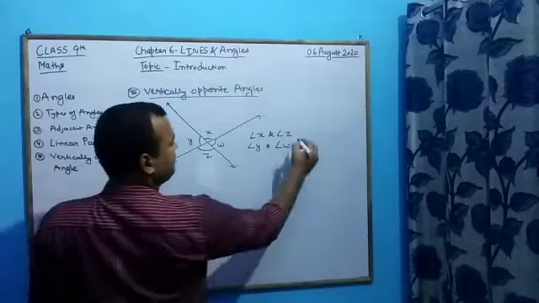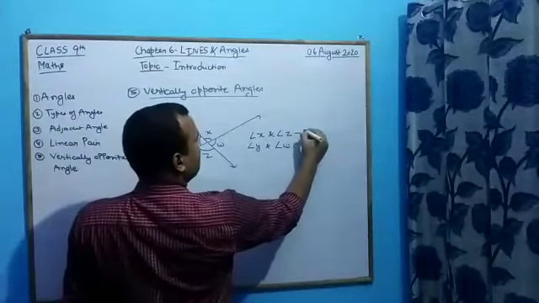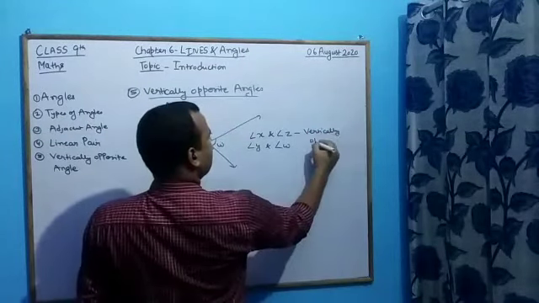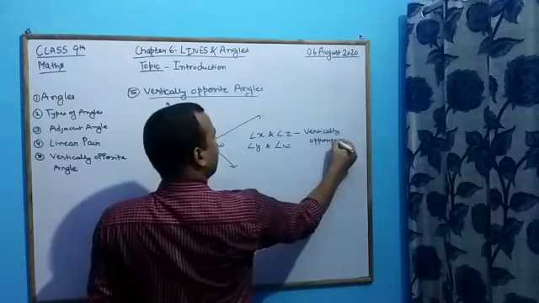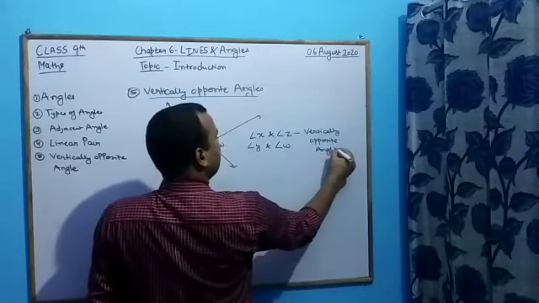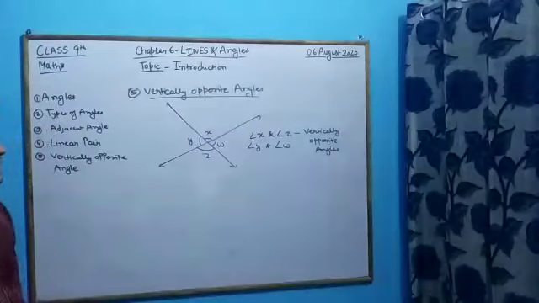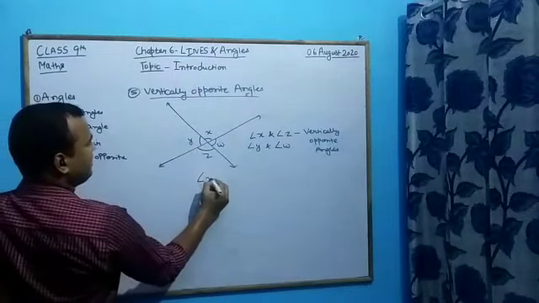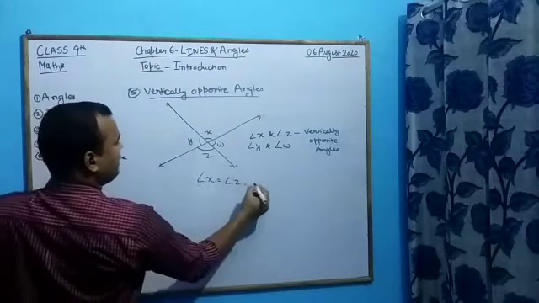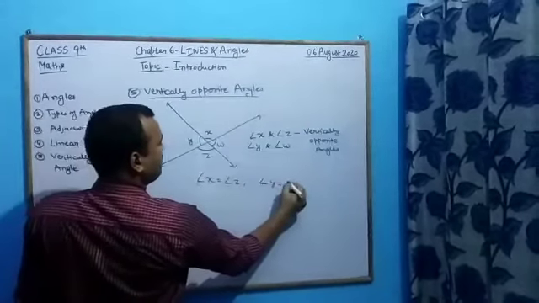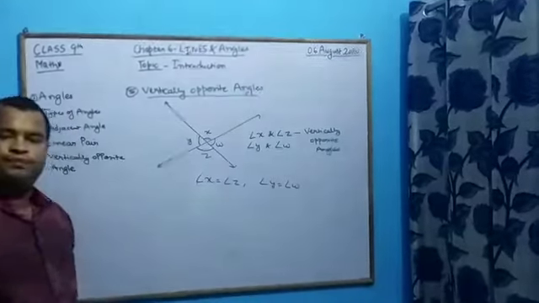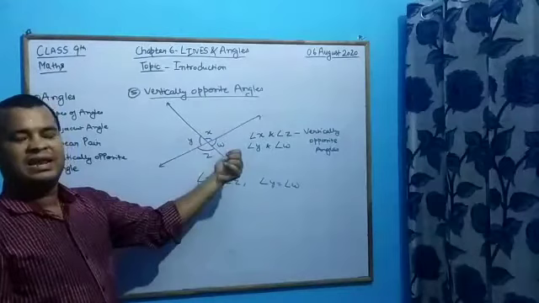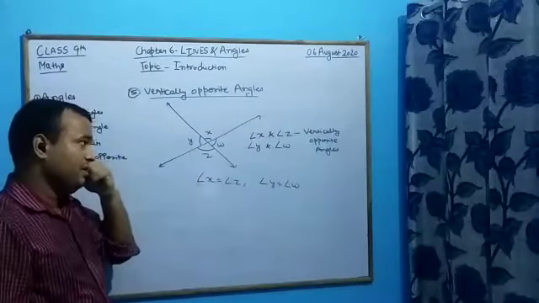These two pairs are known as vertically opposite angles, and these angles are equal. That is, angle x is equal to angle z and angle y is equal to angle w. They are equal in measurement.